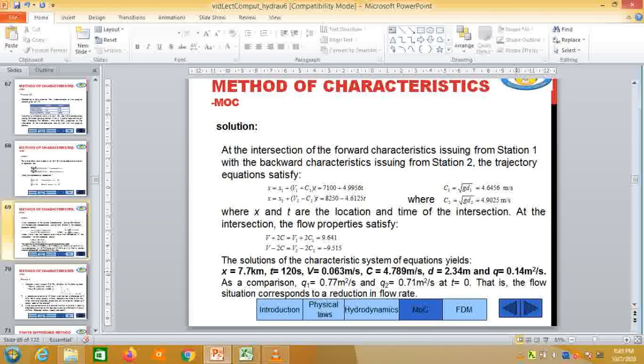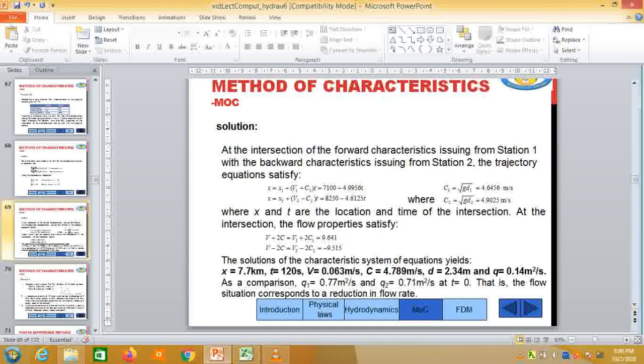Now, as you can see, this is the case for subcritical flow. We can determine the flow characteristics from both upstream and downstream points, and then determine the flow characteristics somewhere in between. So that would influence because the effect of a certain process somewhere from upstream and downstream can be felt somewhere in between.